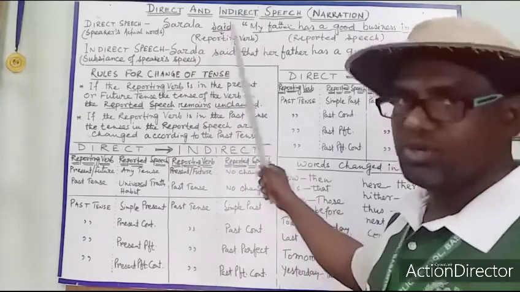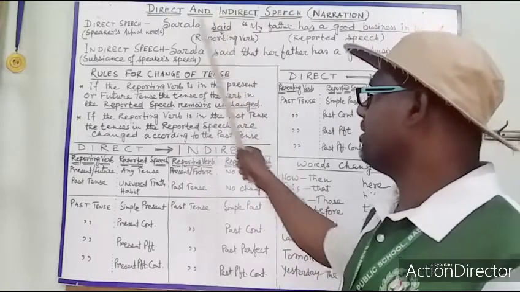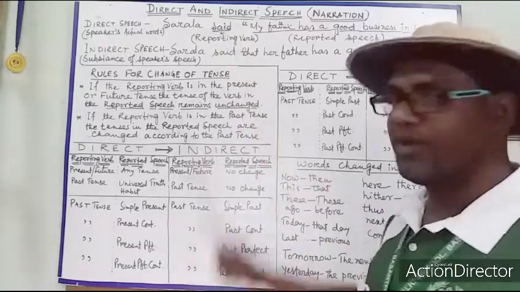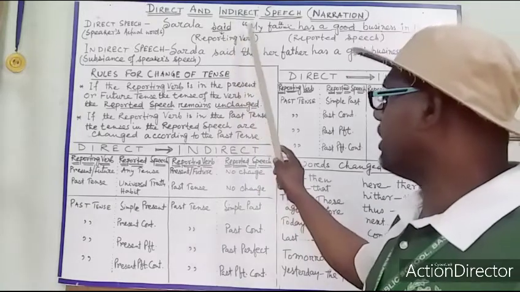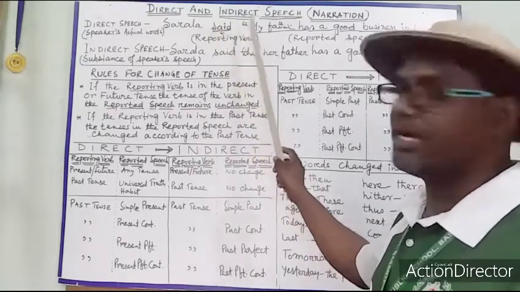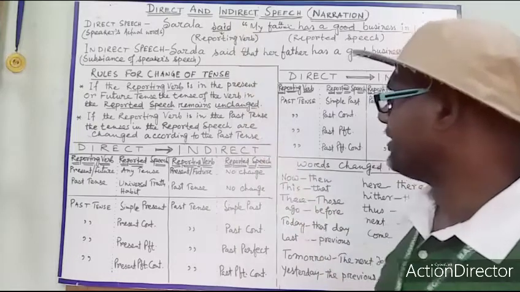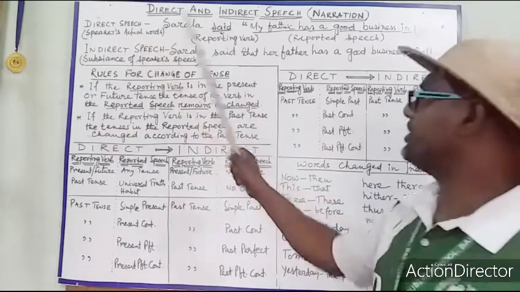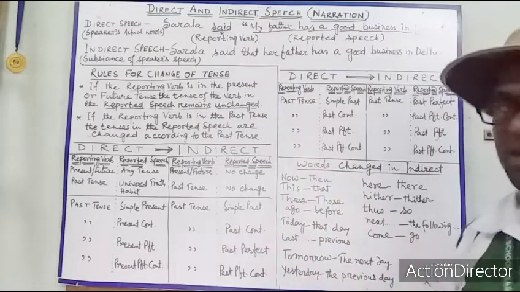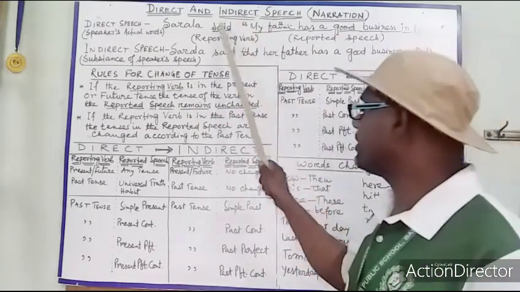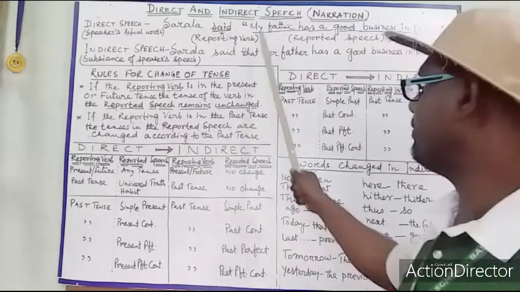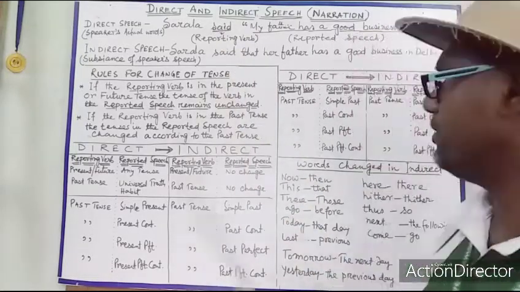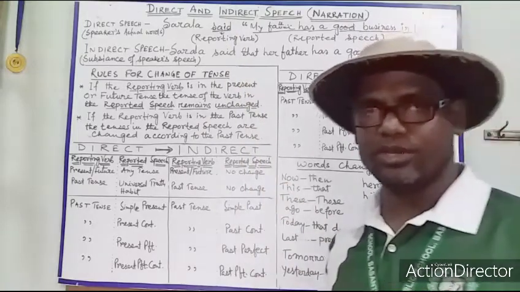That means whatever is written outside the inverted commas, there must be a verb, and that verb outside the inverted commas is called the reporting verb. Okay? In direct speech, there should be inverted commas, and before the inverted commas start, there will be a verb, and that verb is called the reporting verb. This should be remembered. Okay?